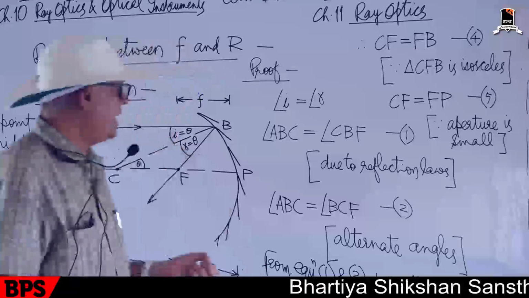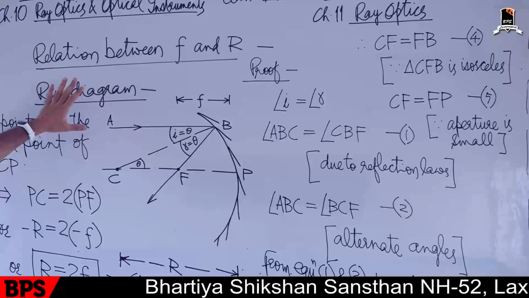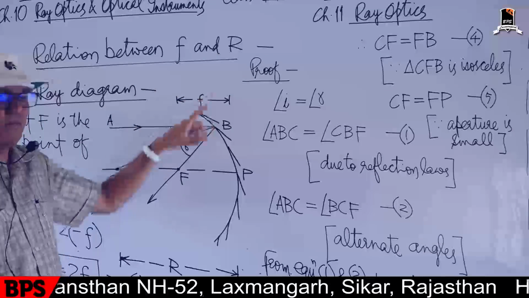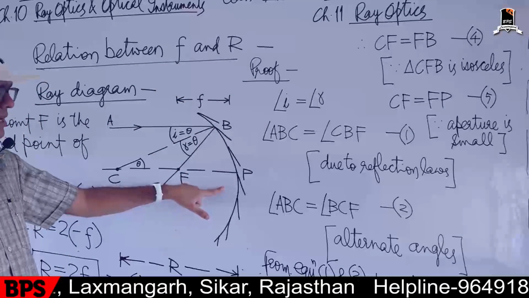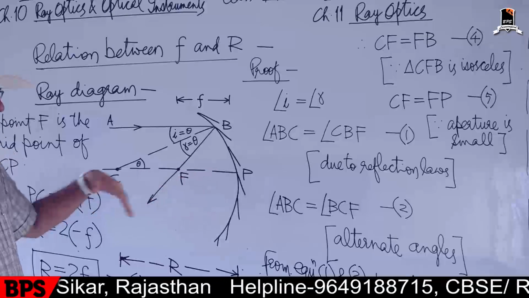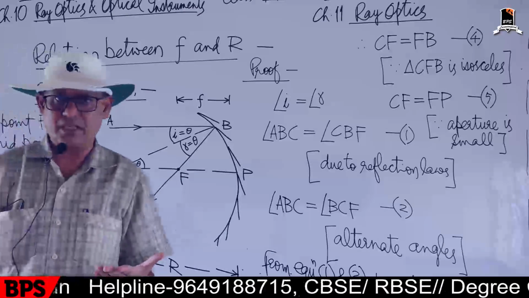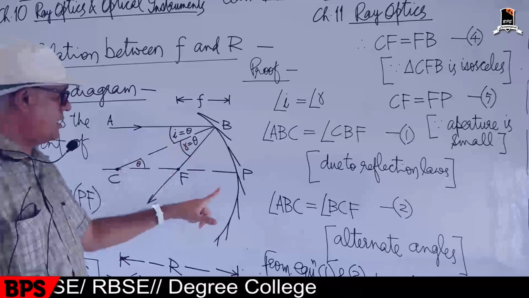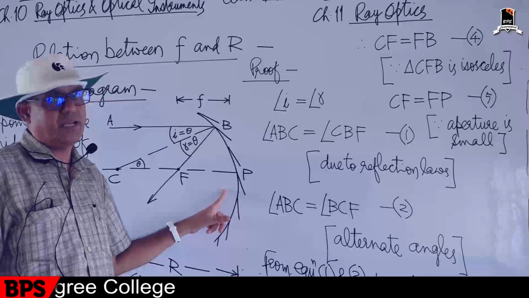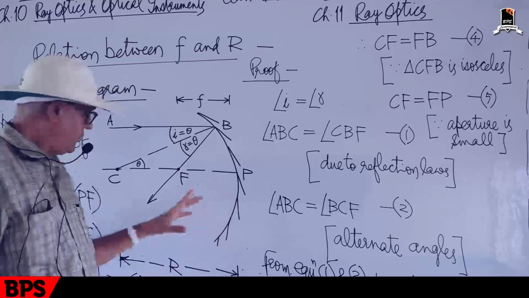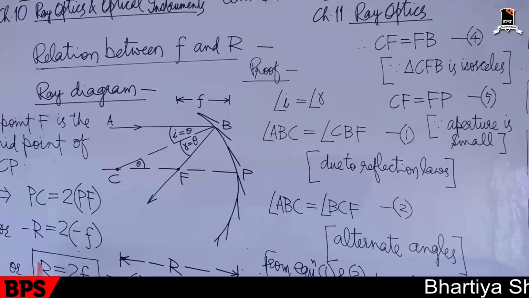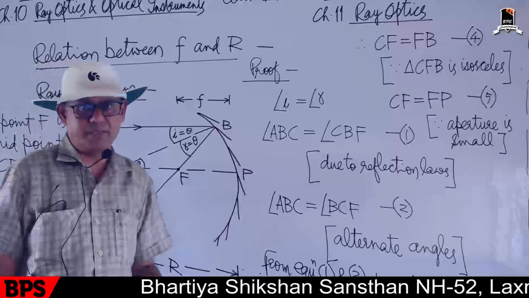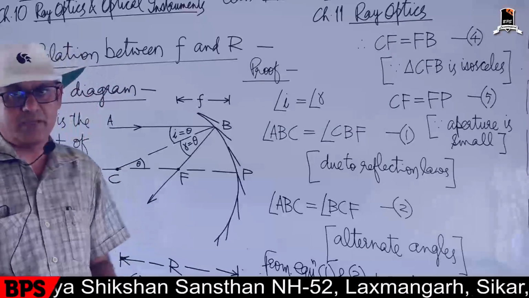Then we established a relation between focal length and radius of curvature using the concave mirror. In the third lecture, we will take the same relation, R equal to twice F, but with the convex mirror. So see you tomorrow. Thank you very much.